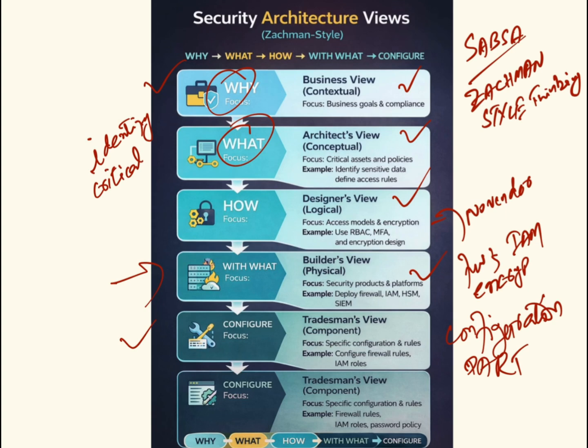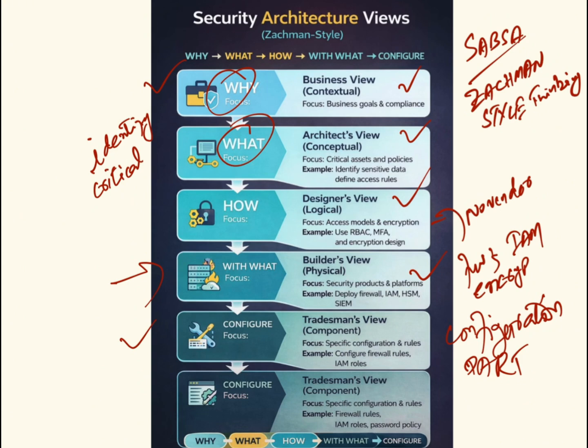So I think that is a new topic in the CISSP exam. We need to keep in mind that all these models, all these layers, security architect view, SABSA, and Zachman, as we discussed, ensure all stakeholder views are considered, avoid missing requirements, and maintain architecture consistency across levels.